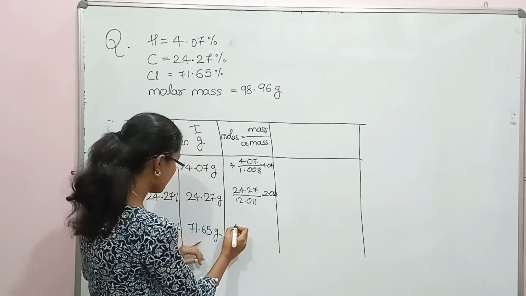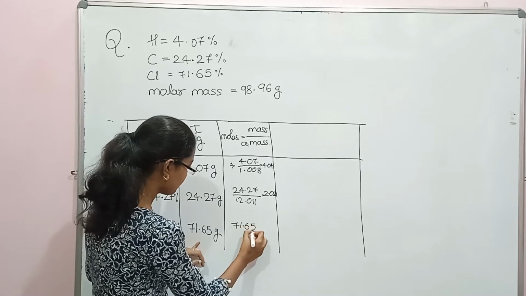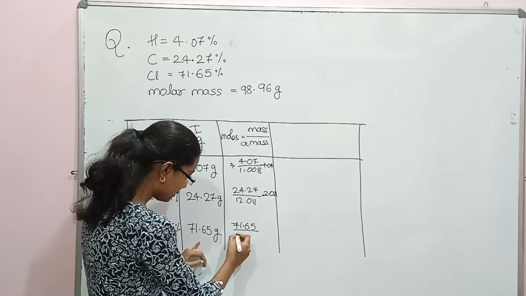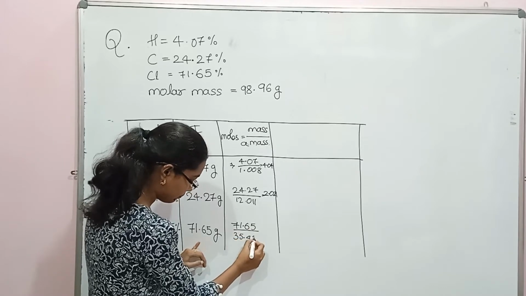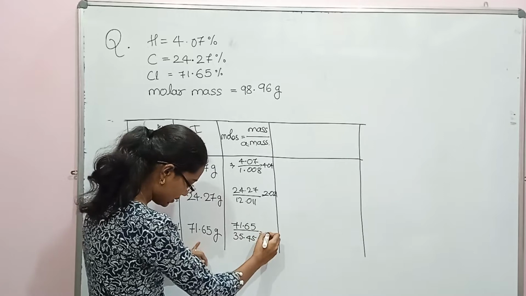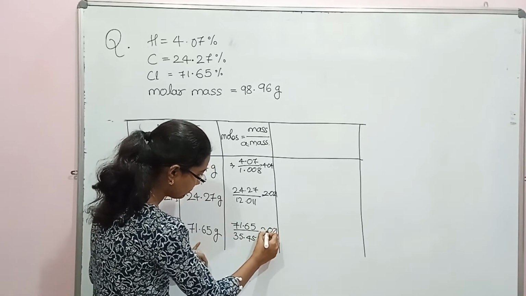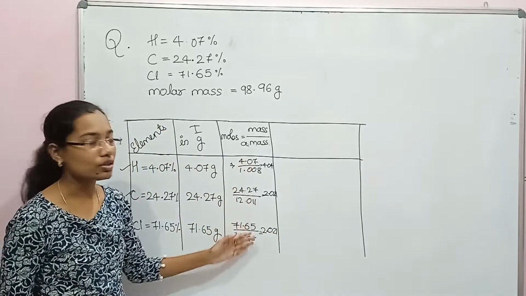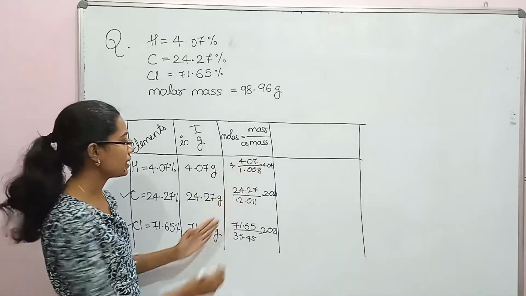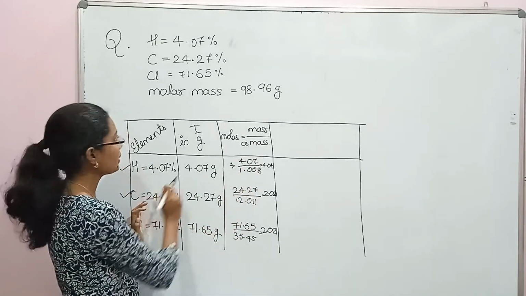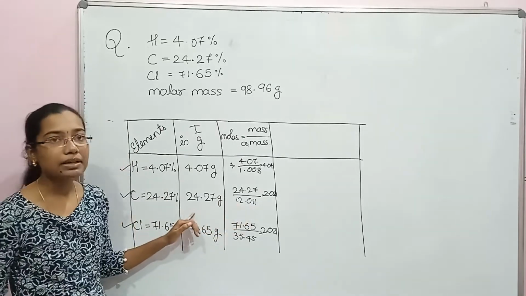Then chlorine: 71.65 divided by 35.45, which gives 2.021. These are the number of moles. Number of moles equals mass divided by atomic mass. Here this is the mass of carbon which is given in the question, and this is the atomic mass of the carbon.